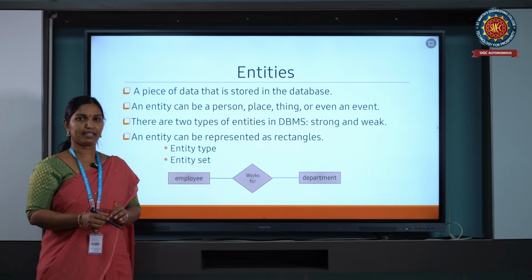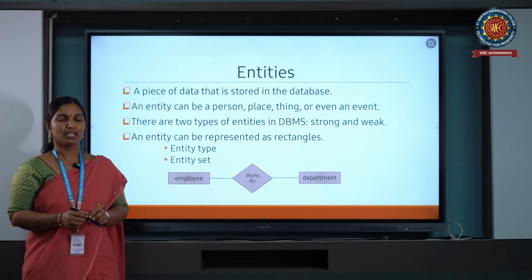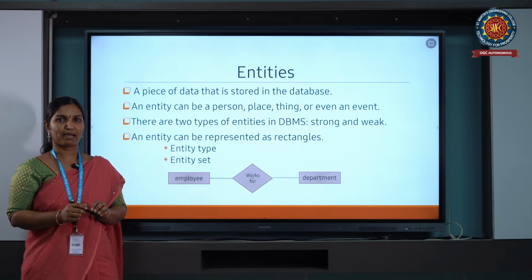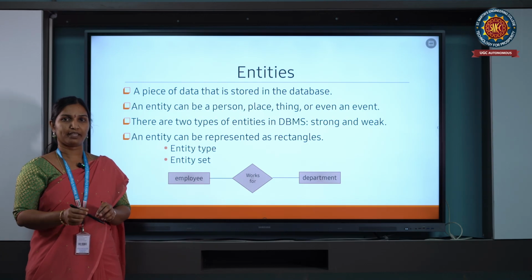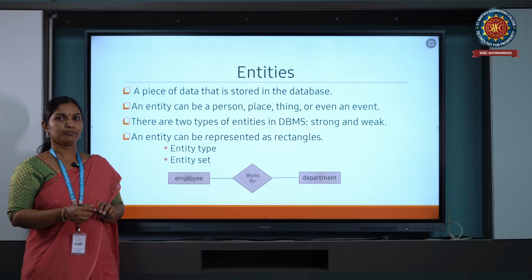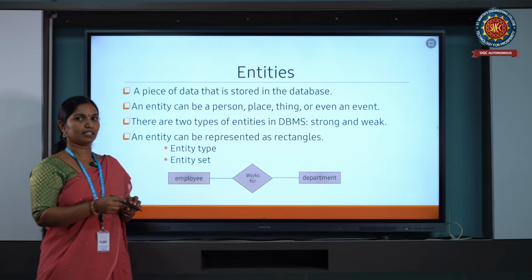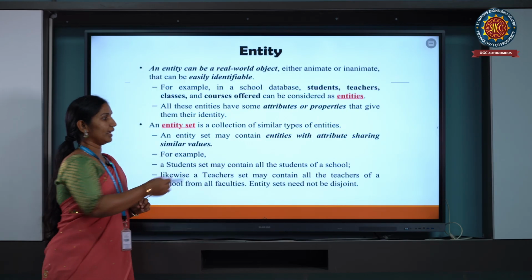The next one is the intangible entity. Intangible entity exists logically. For example, if we take bank as an example, the account number and IFSC code, ATM pin, all these come under the logical existence. That is nothing but intangible entity. Next one is the entity set.